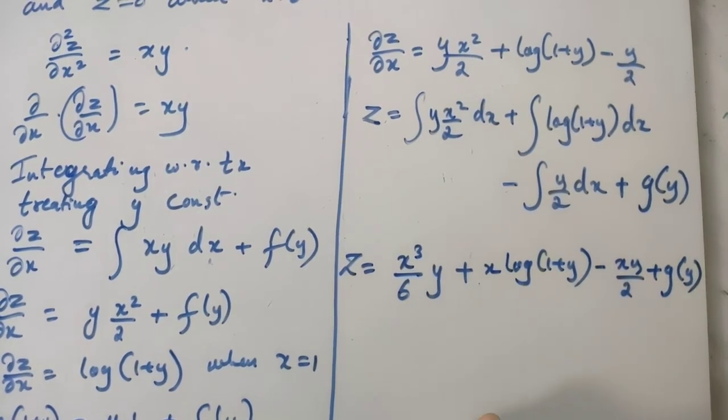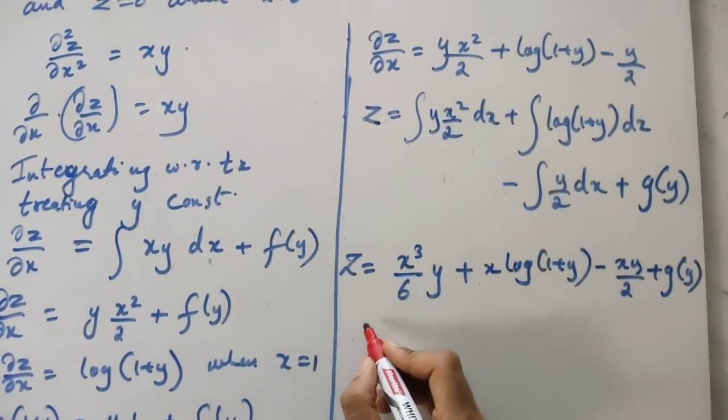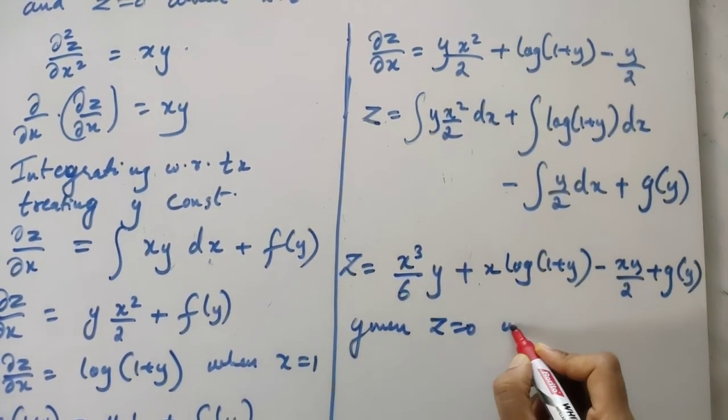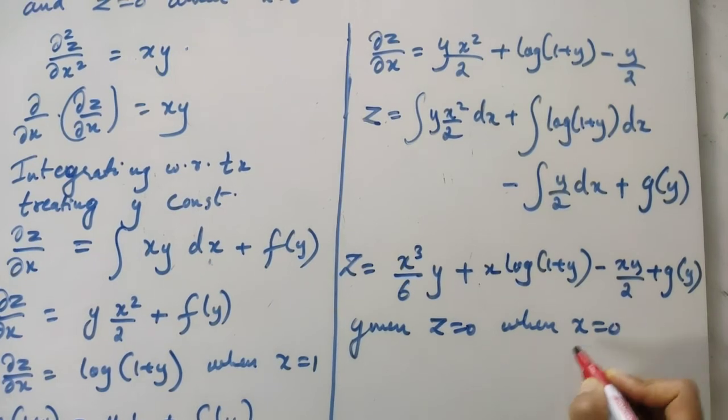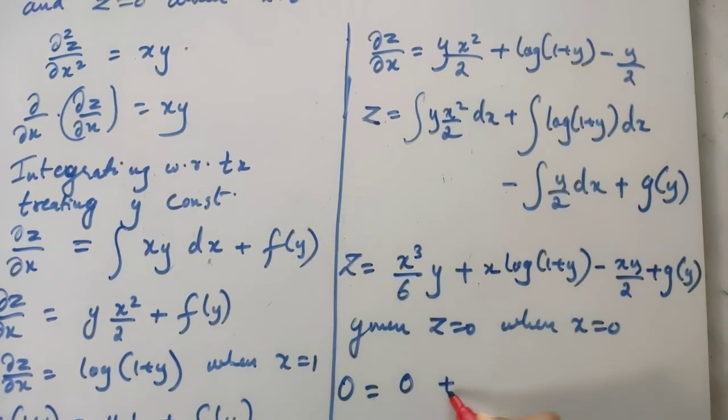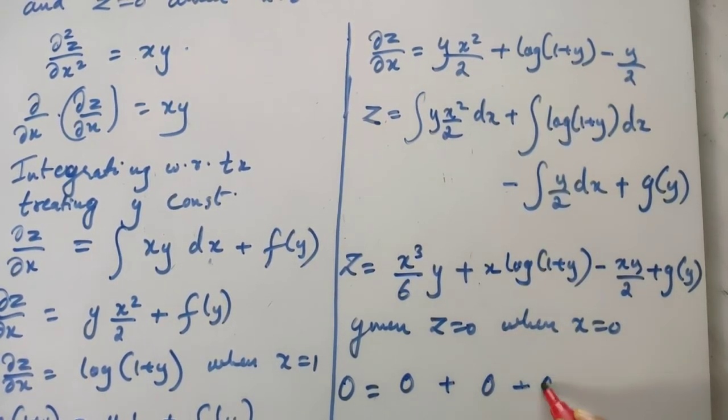After this it's given that z is equal to 0 when x is equal to 0. So the left hand side is again 0. Let us substitute here. Put x is equal to 0. The first part is 0, the second part is 0, minus the third part is 0, plus g of y you get.